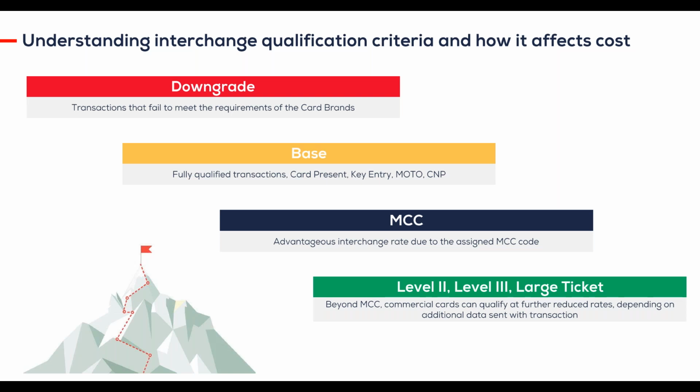Additionally, from there, you have the opportunity on those business and corporate card transactions to send additional line item detail, which can then provide additional reduced rates by sending that level 2 and 3, and then the other category being large ticket, which is applicable, I think, on transactions over $8,600 and around that $10,000 range.